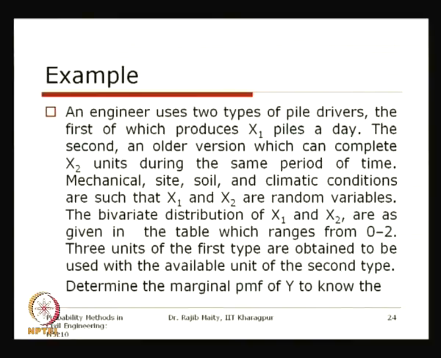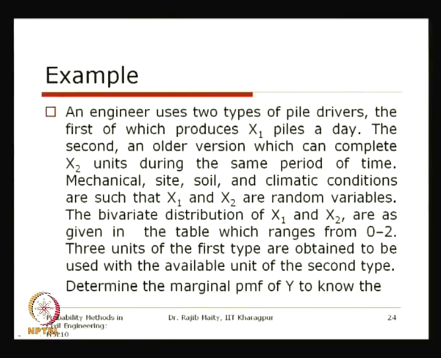The bivariate distribution between x1 and x2, the joint PMF, is given in the table and ranges from 0 to 2 units. So, x1 can take the values 0, 1, 2, and x2 also can take the values 0, 1, 2, and their joint PMF is shown in the next slide.